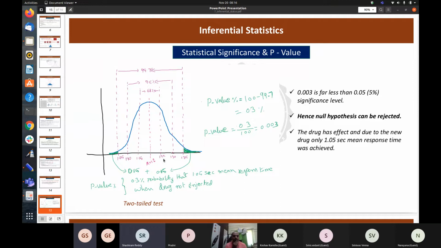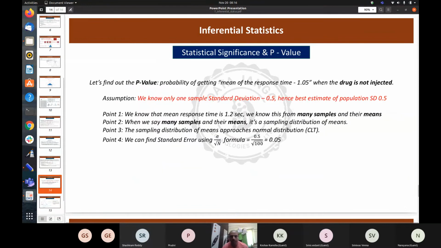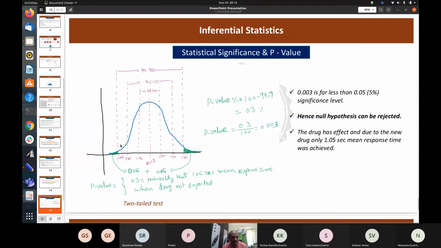One standard deviation: 1.2 minus 0.05. What is 0.05 here? This one, 0.05, is the standard error, the standard deviation. I know the standard deviation and mean, so I can calculate one standard deviation.